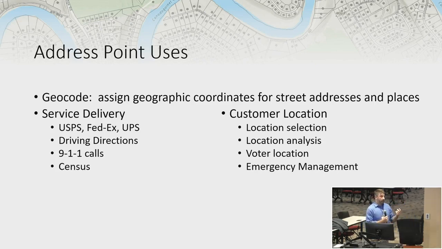We describe location with addresses. It's the common way we describe and communicate location. 123 Main Street, Harrisburg, Pennsylvania, zip code, municipality, state, country. Those identifying attributes are how we describe addresses, and those are inside of the data set. So those are the attributes, and then we have the points.